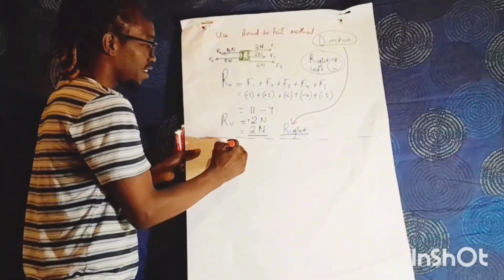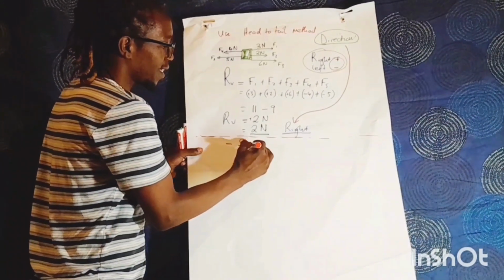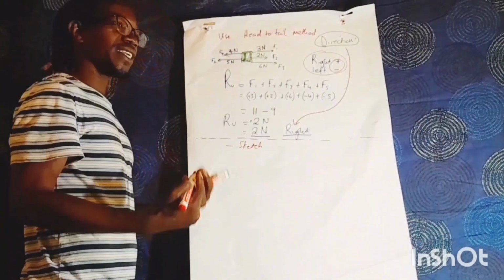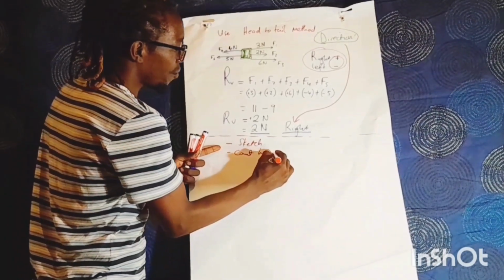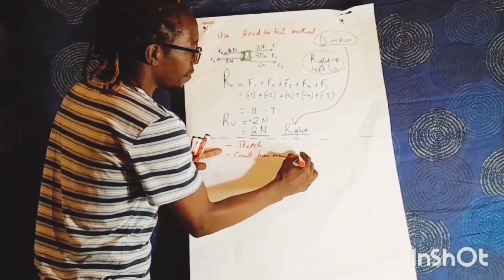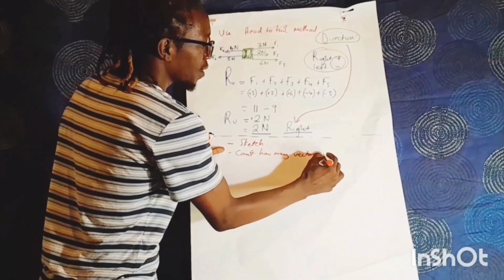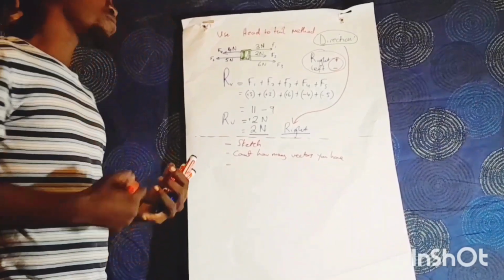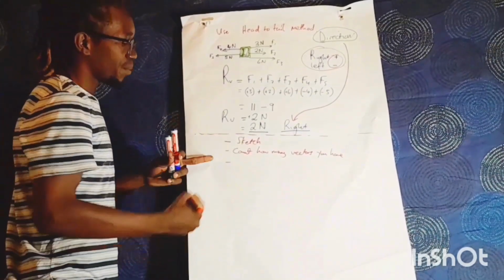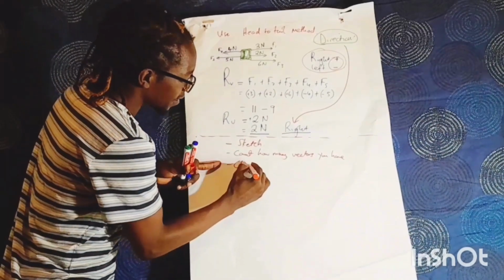At first, you can just make a sketch of the situation. And then you count how many vectors you have. From counting how many vectors you have, what's the next thing? The next step is choosing your direction.